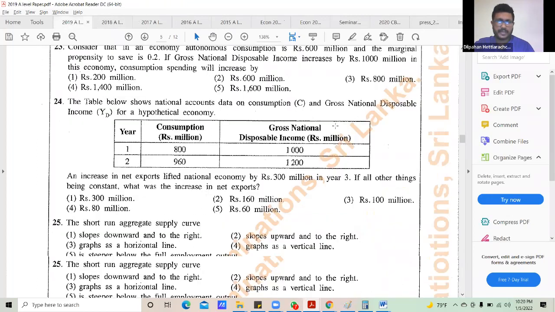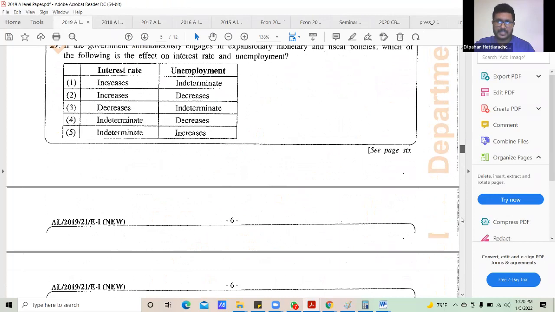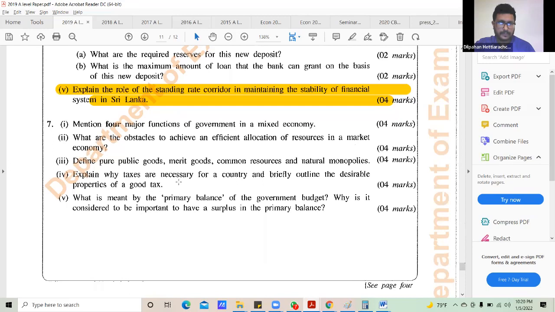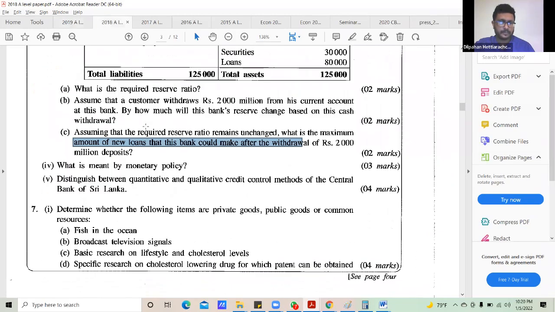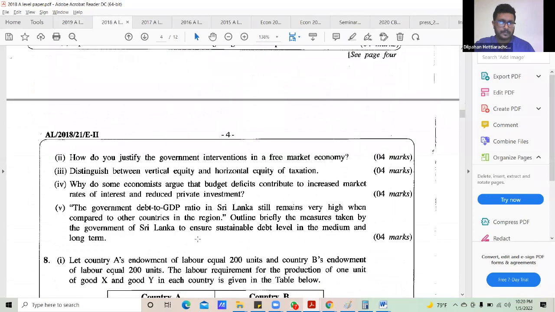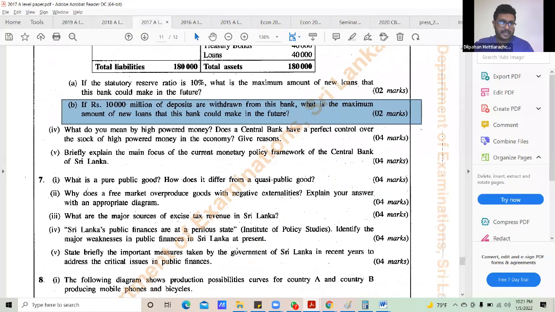So 2020, they asked about production negative externality. 2019, no, not in 2019. So if you don't have any question in the second paper, definitely it will be there in the MCQ paper.